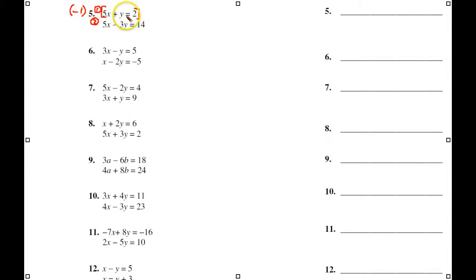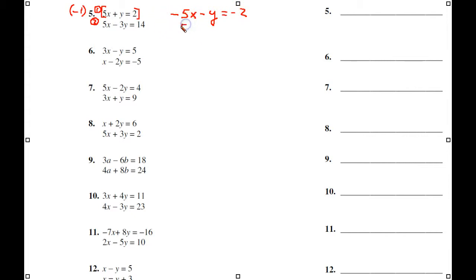And what does that do? Well, it changes all the signs. So now I'll have a negative 5x here and a positive 5x. So let's just do that. This becomes a negative 5x minus y equals a minus 2. Now remember, you have to change all of the signs.